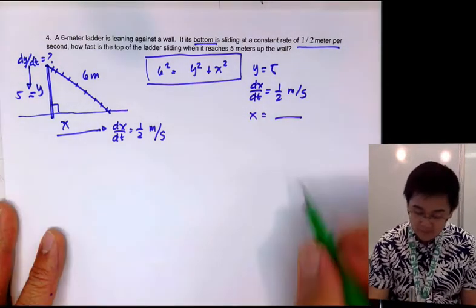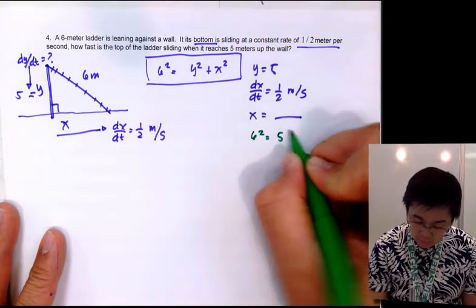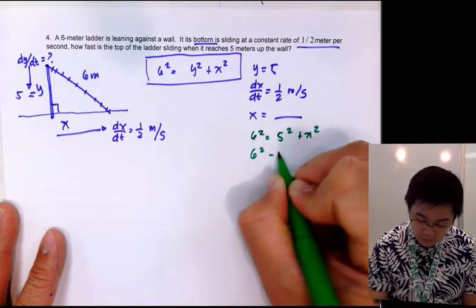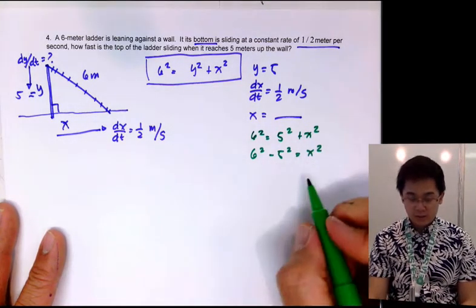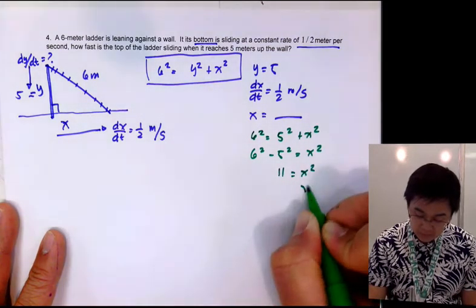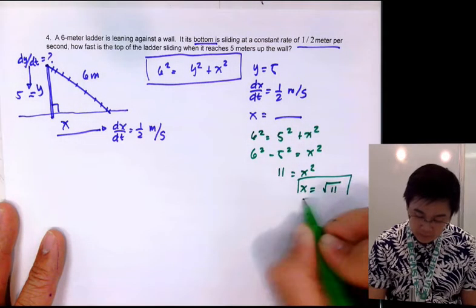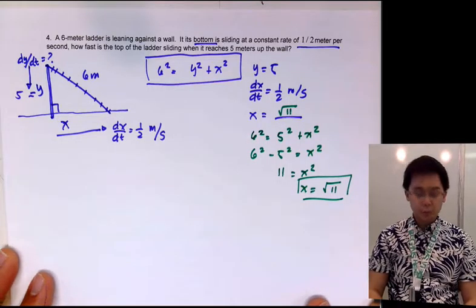So to compute for that, we'll have 6 squared is equal to 5 squared plus x squared. So we'll have 6 squared minus 5 squared is equal to x squared. 36 minus 25 is 11. So x is equal to square root of 11. And that's what we're going to use later in our solution.